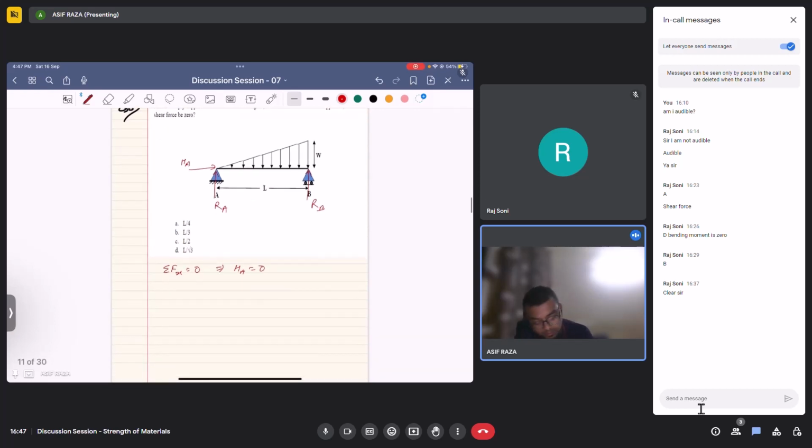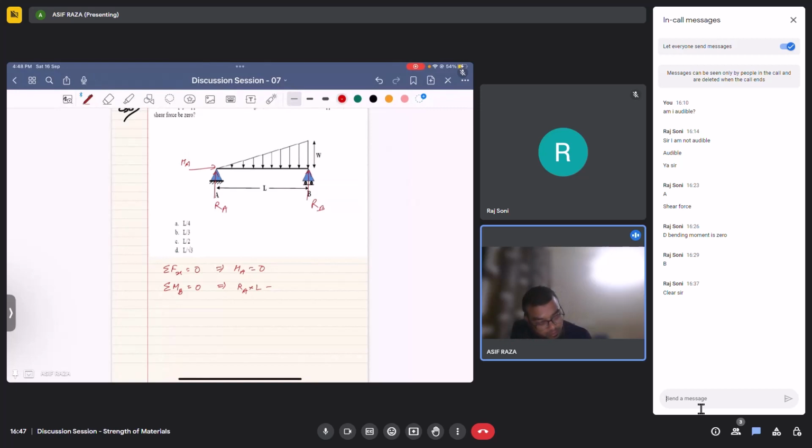Okay, now let us take the summation of moments from the point B equal to 0. So this would be equal to what? RA times L minus the load itself.